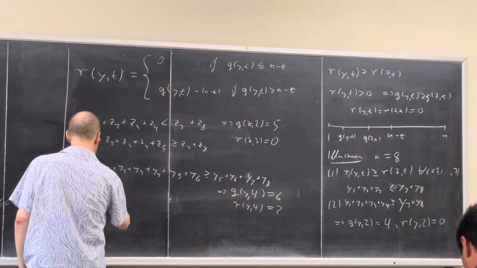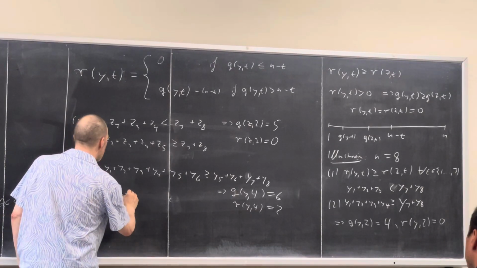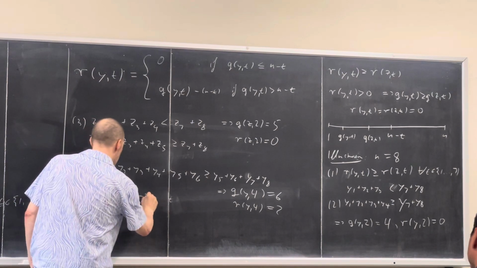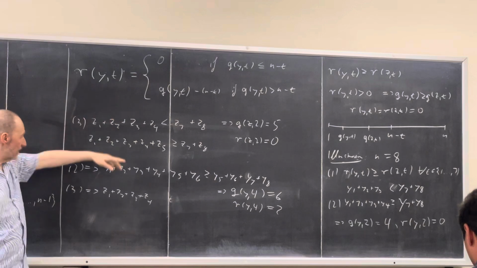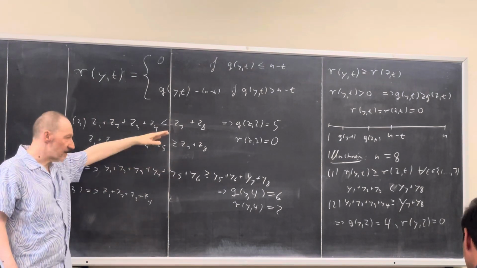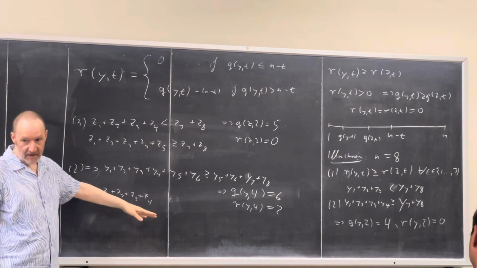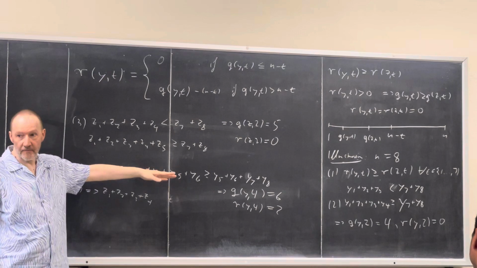We get that because the bottom 4 were not enough to compensate for the top 2. If we add Z5 plus Z6 on both sides, the bottom 6 will not be enough to compensate for the top 4 either.